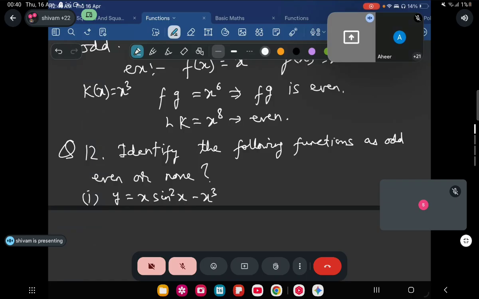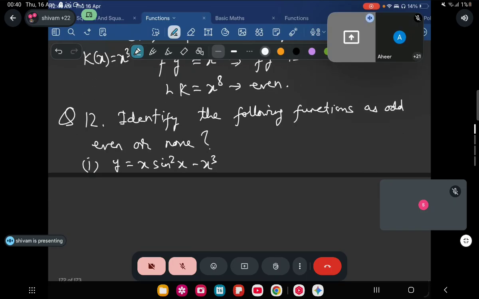Everyone, pay attention. y is equal to x sine square x. Adrito, your answer is correct. You can see, x is odd.